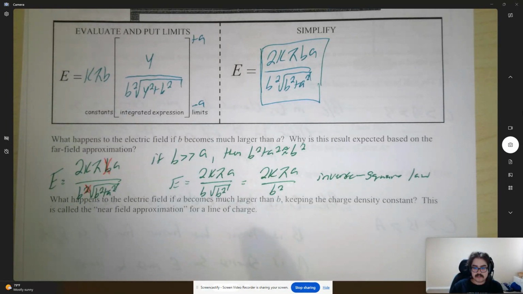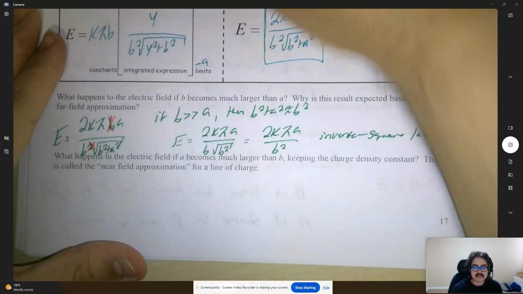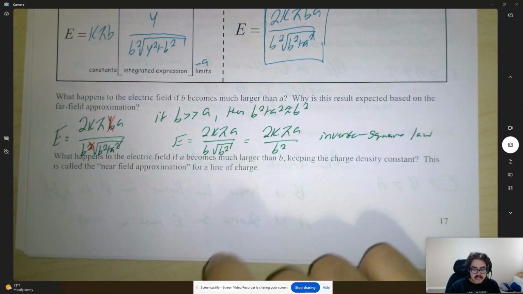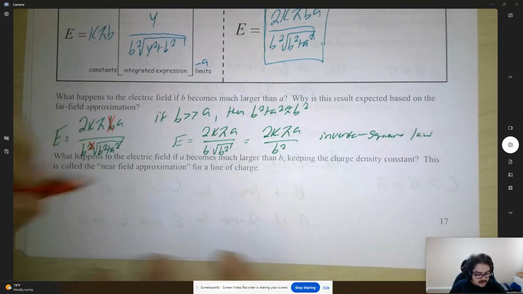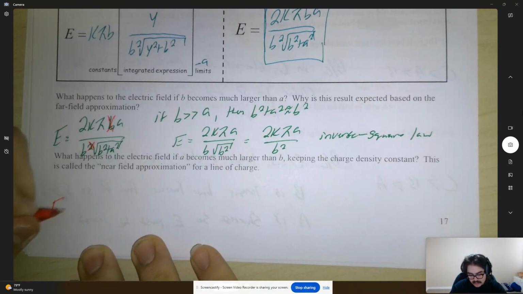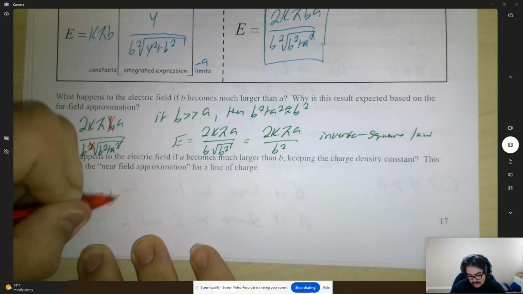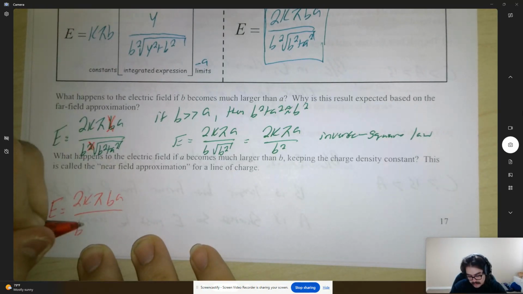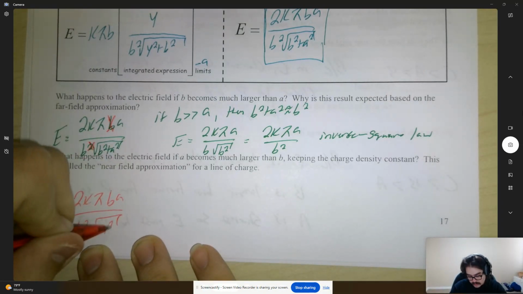If a is much larger than b, this is the near field approximation. If a is much larger than b, then you get E equals 2k lambda ba over b squared times root a squared.